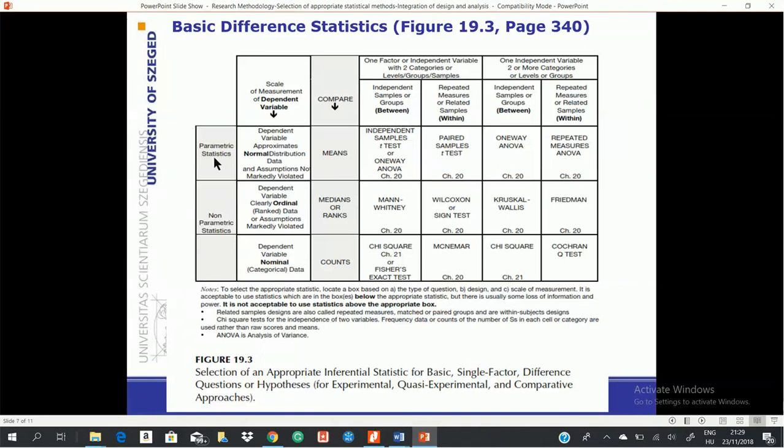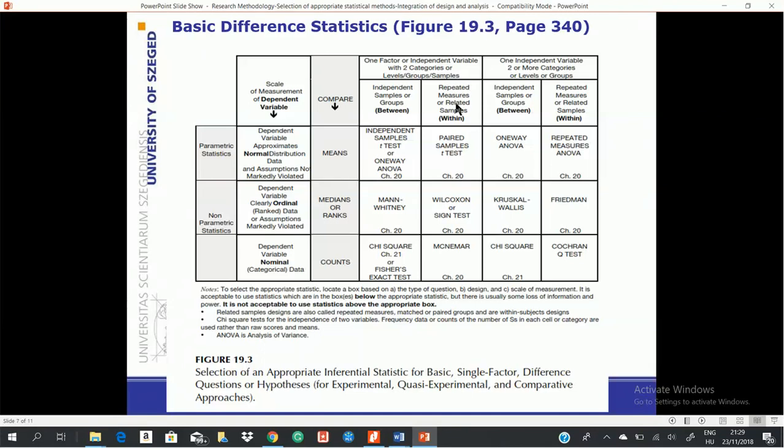For parametric statistics you can do t-test or one-way ANOVA. For non-parametric you can do Mann-Whitney, and for nominal data you can do chi-square or Fisher's exact test.